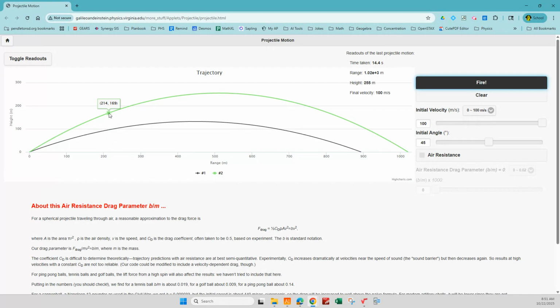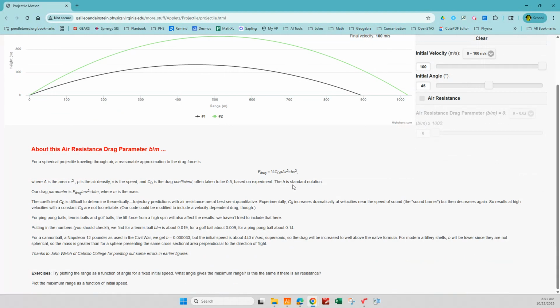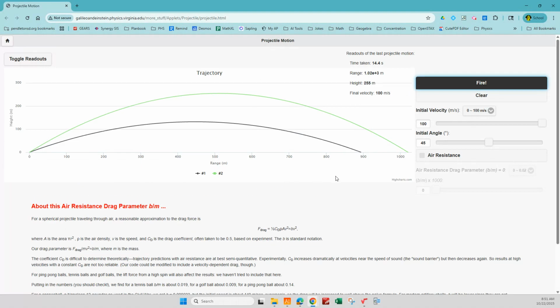So make a prediction. How far do you think it's going to go if I take, and let's pick, what are we using here? Does it tell us? I thought we could pick what we chose here. Maybe not. Maybe I got the wrong one.